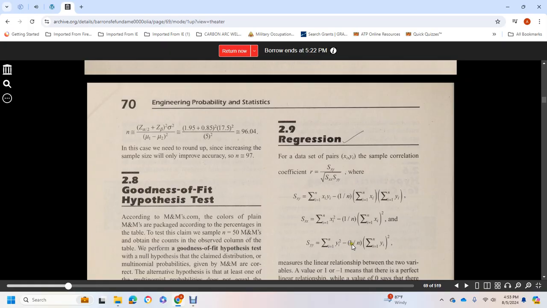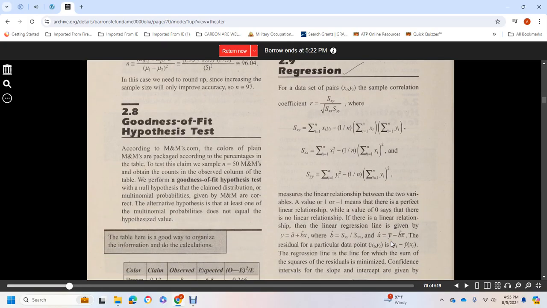It measures the linear relation between two variables. A value of 1 or negative 1 means a perfect linear relation, while a value of 0 says there's no linear relation.